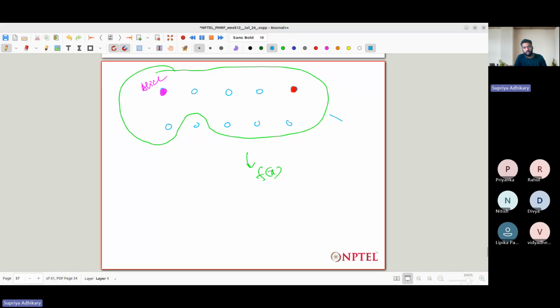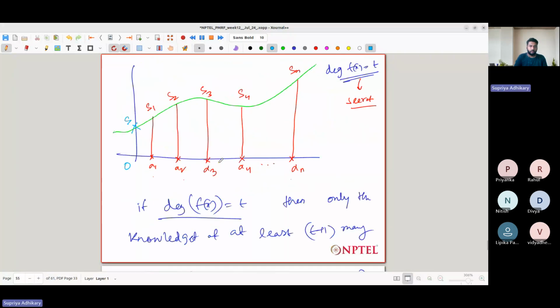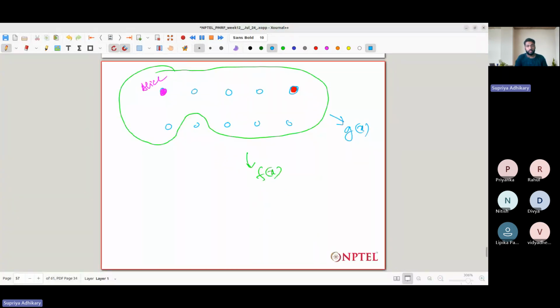This will construct some other polynomial, g(x). Now if this point was shared correctly with Alice, then f(x) would have been equal to g(x). But since this has been corrupted, f(x) would not be equal to g(x).